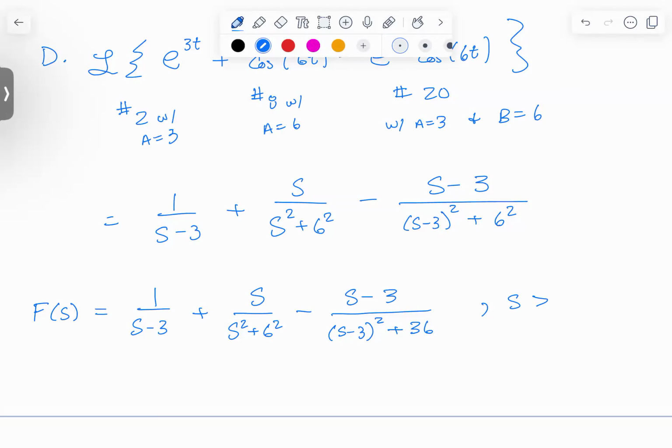And then that simplifies down. What's our restriction? Greater than 3. Yep, greater than 3. This one actually doesn't matter. It's only that one.